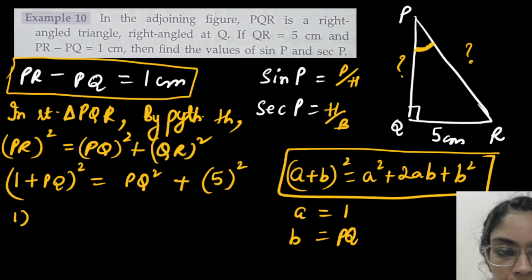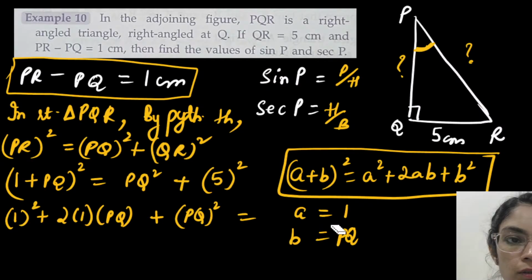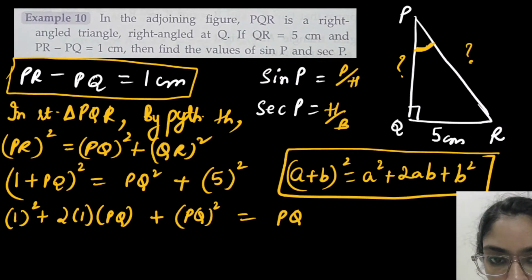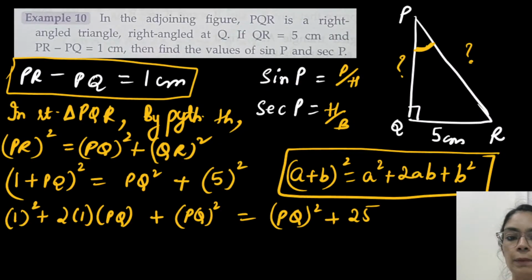So I'm applying the identity: 1 square plus 2 into 1 into PQ plus PQ square is equals to PQ square plus 5 square, which is 25.